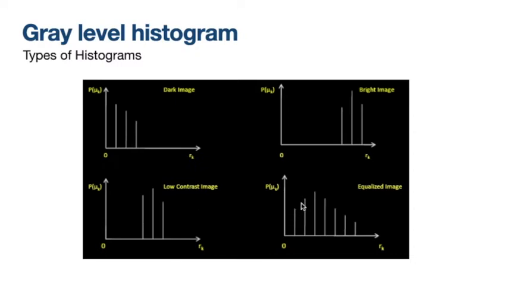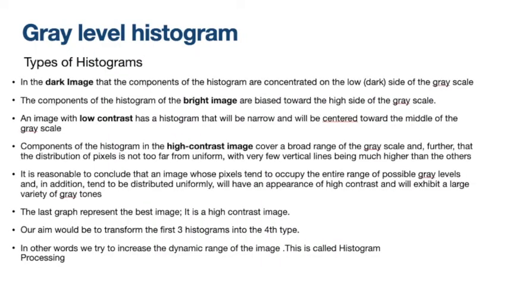And in an equalized image, it will be broadly distributed. This equalized image is also called a high contrast image, and it covers a broad range of grayscale, and the distribution of pixels is not too far from uniform, with very few vertical lines being much higher than the others.